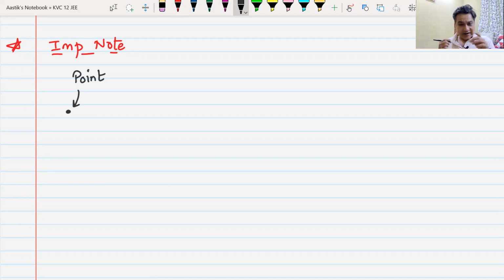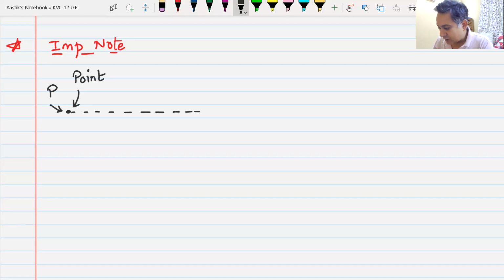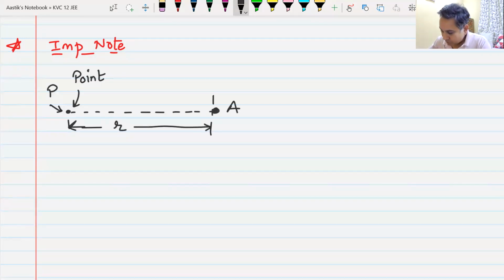If you have a point source of light having power P, and you are at a point A at a distance R from this point source, I told you about the type of wavefronts that this point source emits.